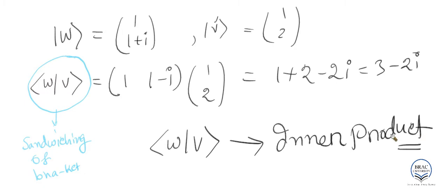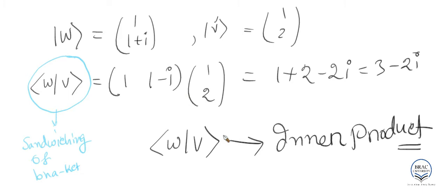That is, you have a vector space, and from there you can pick up a vector, then you define a dual space of it, and then if you can define an inner product like this, that will produce a number, and in general that will be complex.